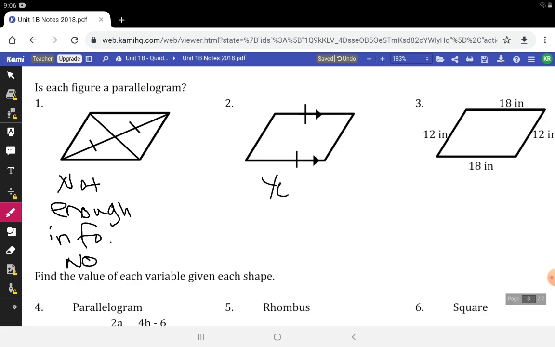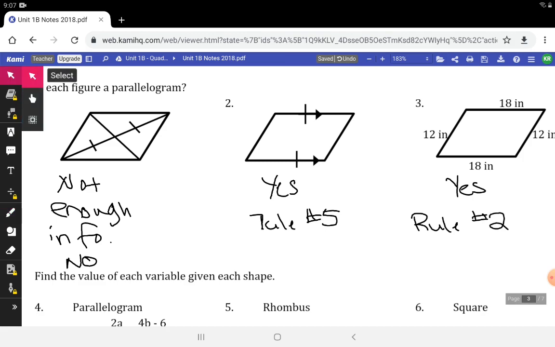So we say, yes, this is a parallelogram based on rule number 5 above. In number 3, we have 18 and 18 and 12 and 12, which means that we have 2 pairs of opposite sides that are congruent. So we're going to say yes based on rule number 2.